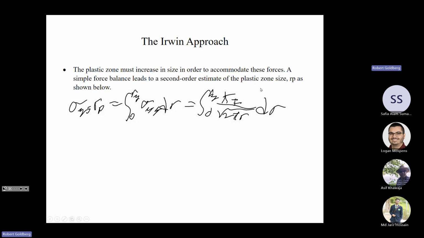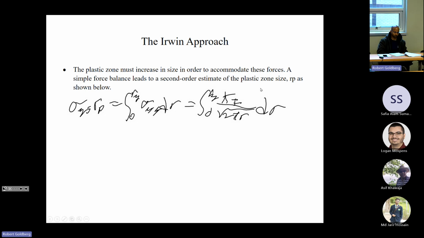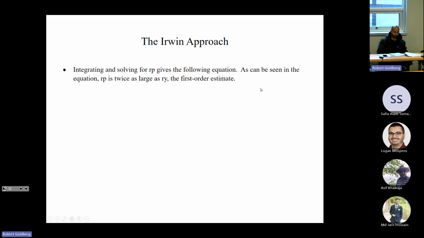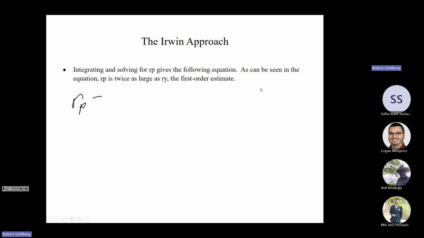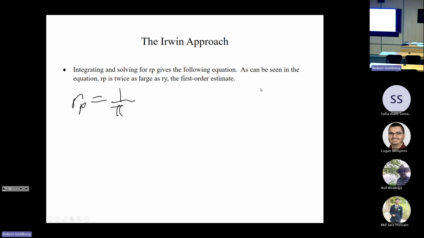It's just 1 over the square root of r dr, and we carry out that integral. And so what we end up getting is that the radius of our plastic zone is equal to 1 over pi times K1 divided by the yield stress, squared.